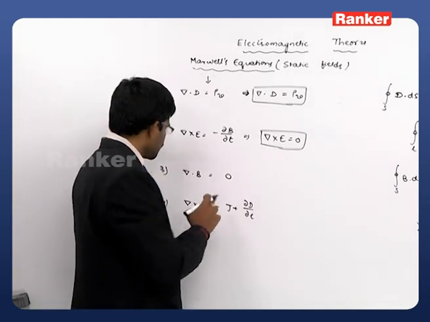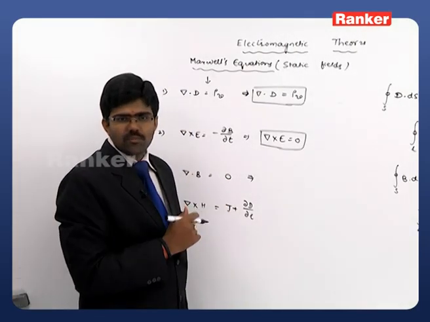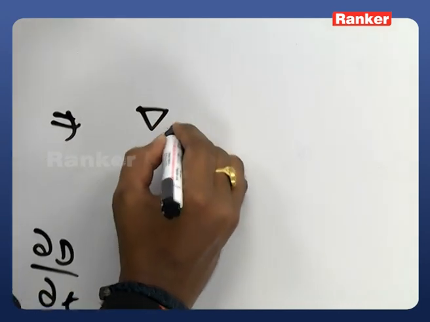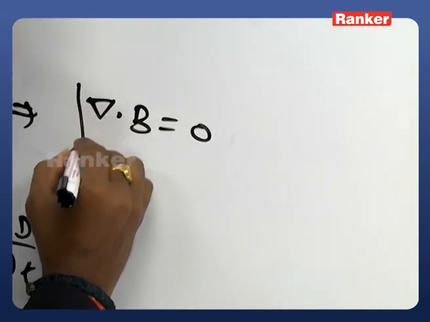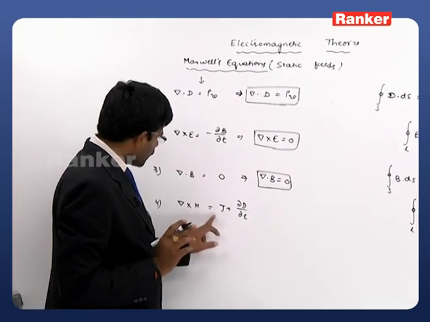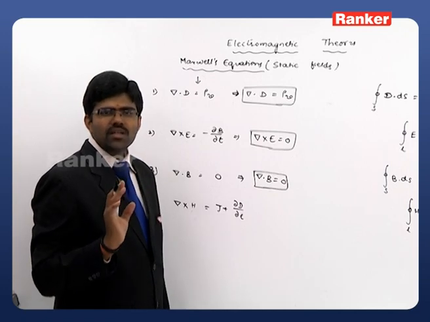And the third one, that is del dot B is equal to 0. Here also there is no time varying term. Since there is no time varying term, as it is we are supposed to write del dot B is equal to 0. The third equation will be unaltered. And in the fourth equation we have a time varying term; make it equal to 0 for static fields.